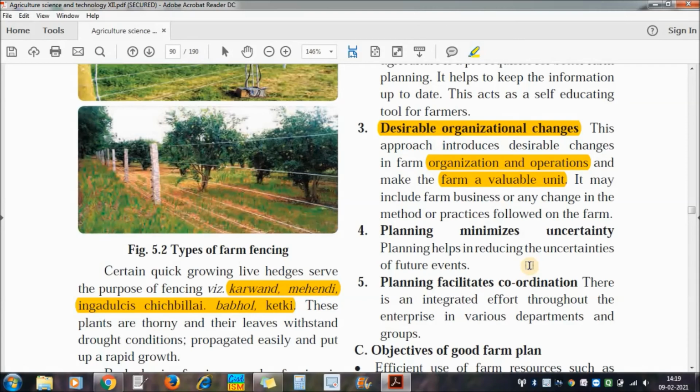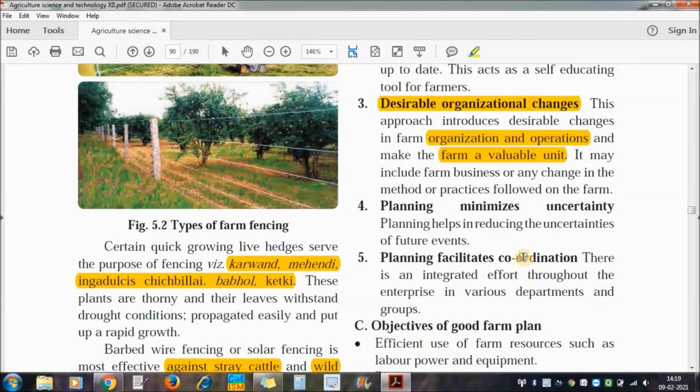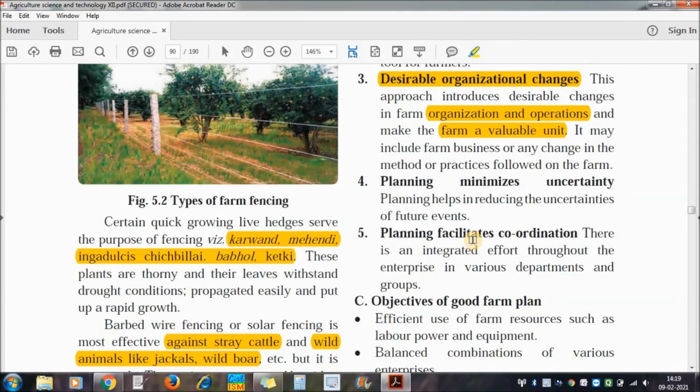For example, cultivation of sugarcane is one unit, cultivation of cotton is another unit, animal husbandry is another unit, dairies another unit. Likewise there are different units, sericulture and poultry. These units are valuable and useful, and they are supplementary to each other. So planning makes it easy for us to make changes in the organization.